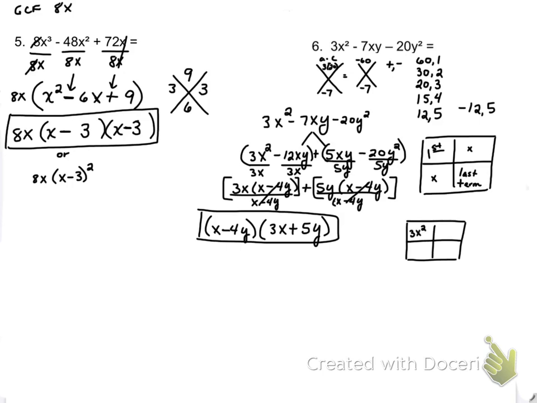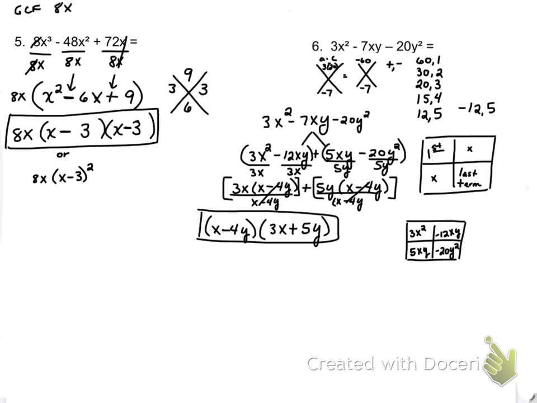This last term was minus 20y squared. And we had two terms that we discovered, and one was negative 12xy, and the other one was 5xy. Those are the two numbers when we drew our x that we figured out we needed to solve this problem.